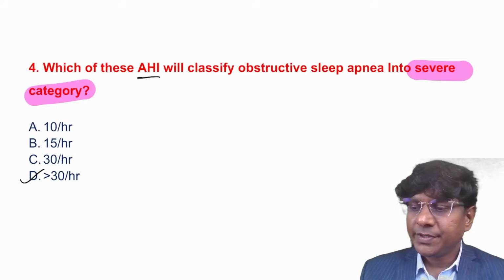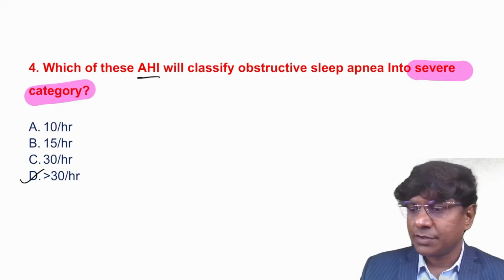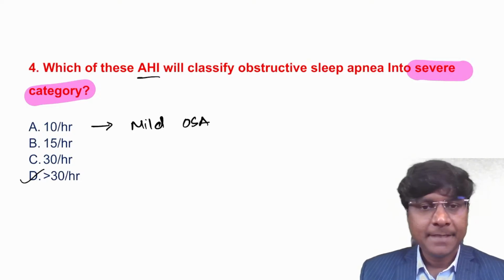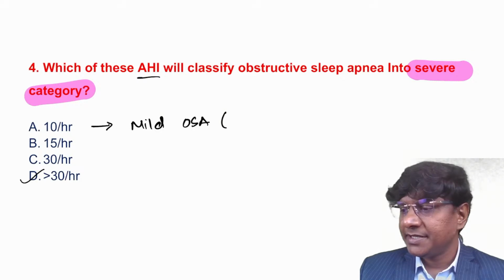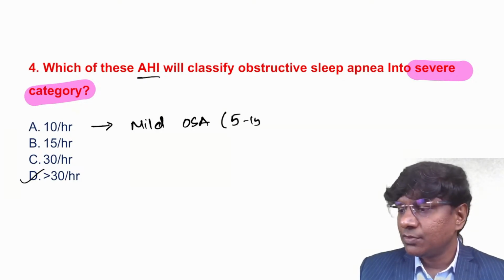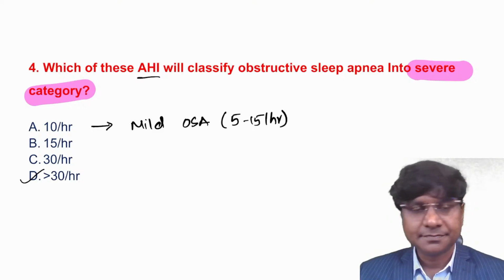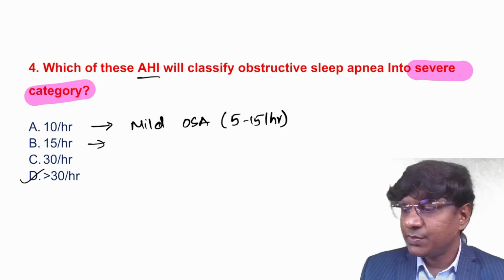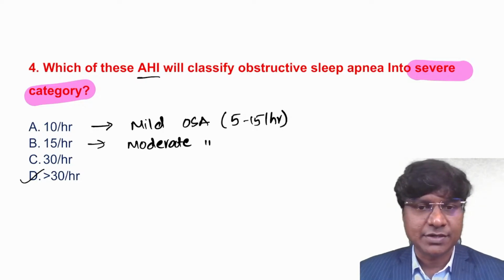Now you take 10 per hour, that is the first option. This first option, we call as mild obstructive sleep apnea. In case of mild obstructive sleep apnea, how much should be your apnea hypopnea index? This should be around 5 to 15 per hour. And you take the second option, that is 15 per hour. This we consider as moderate obstructive sleep apnea.